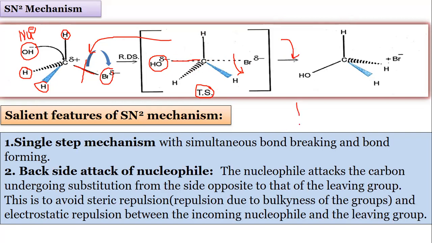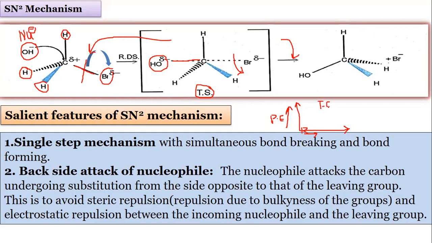Suppose initially I am showing with the help of this graph. Suppose see this graph from this side. The potential energy is here, and this side is the reaction coordinate. Initially the reactant is here, and I am showing the transition state here.